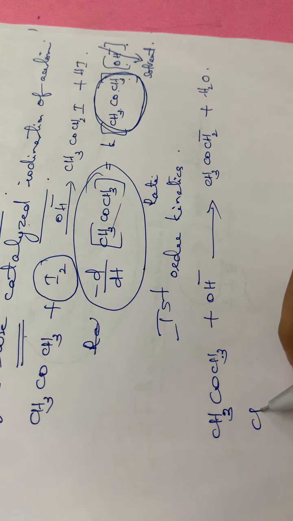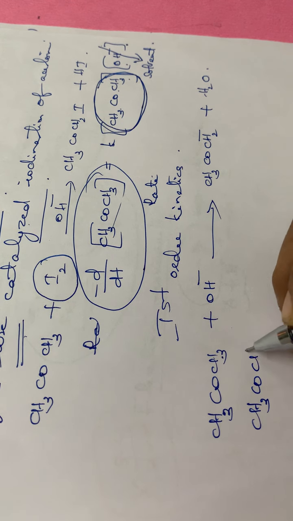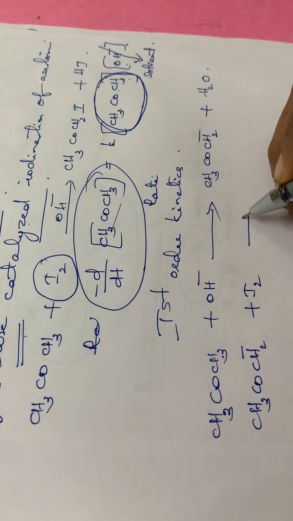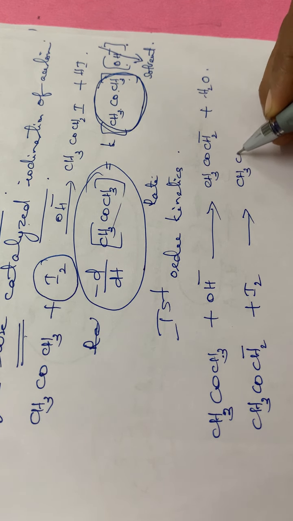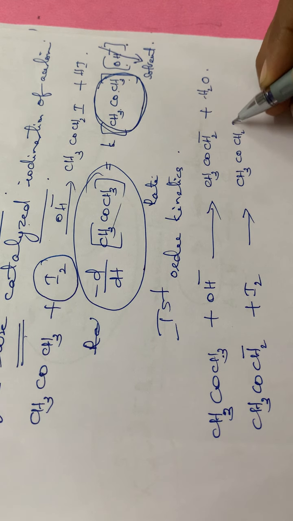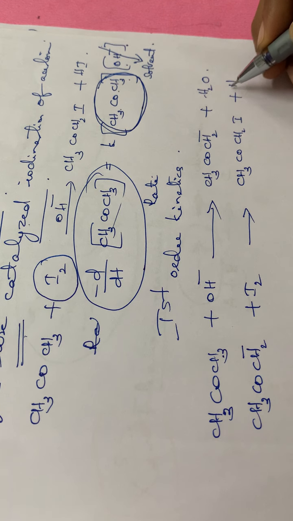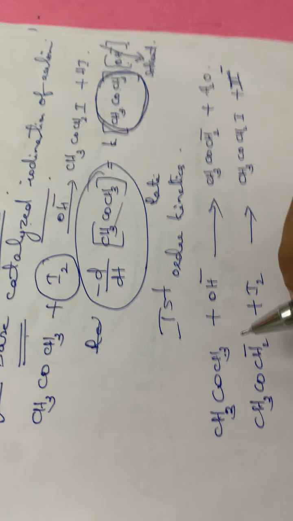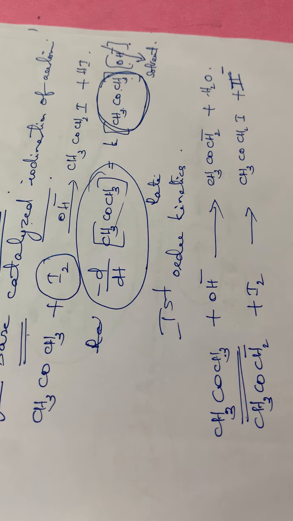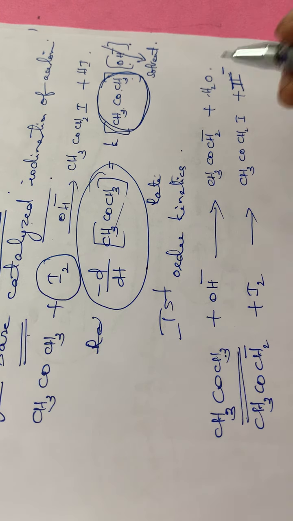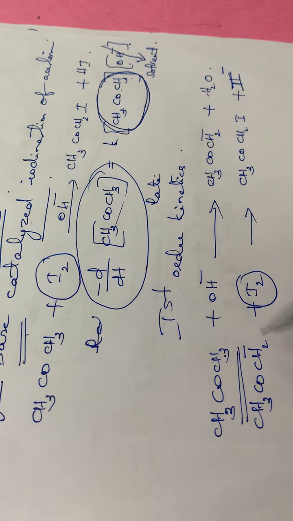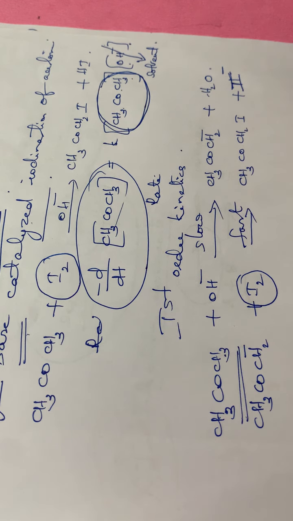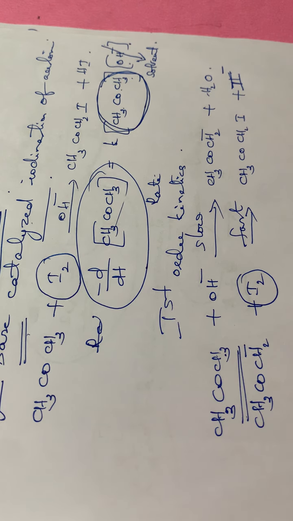In the second step, the CH3COCH2 minus abstracts one iodine, so it becomes CH3COCH2I plus I minus. In the first step, the rate depends only on the concentration of acetone. That means it is first order kinetics. There is no involvement of iodine. So this is the slow step and this is the fast step, so it follows first order kinetics.